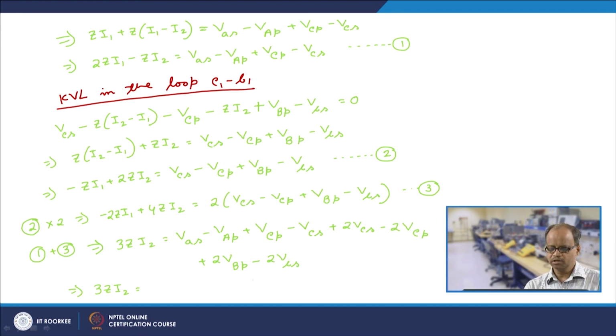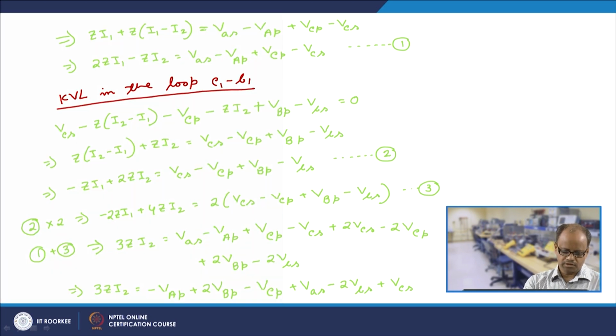So, what we get? VAS minus 2 VBS. So, first minus VAP plus 2 VBP, and so it is, I have got minus VAP plus 2 VBP minus VAP plus 2 VBP minus VCP plus VAS, then minus 2 VBS minus 2 VBS plus VCS.